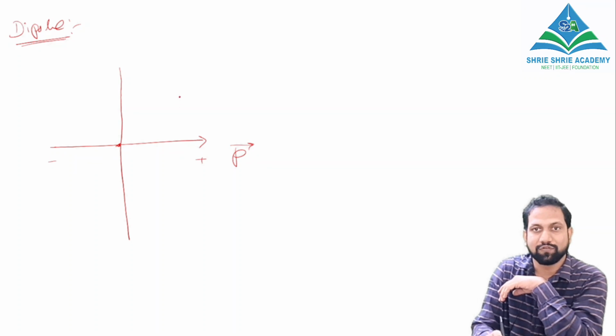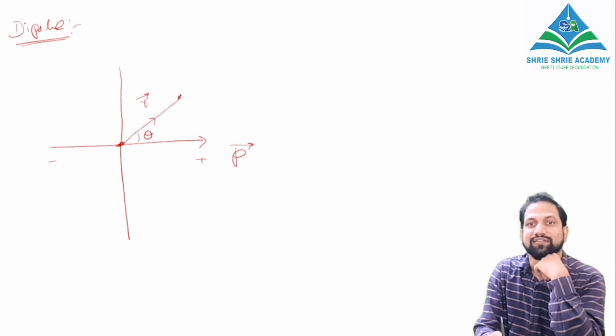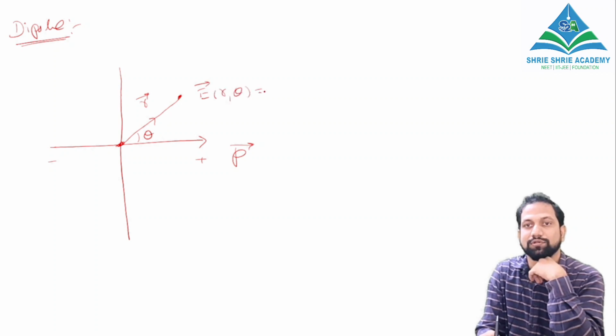Then if you are finding the field over here, from the center of the dipole you have to draw a line. This is r bar, and this makes an angle theta with the axial line. Then at this location the field is called E of r comma theta. It is given by 1 by 4 pi epsilon naught into P by r cube under root of 3 cos square theta plus 1.